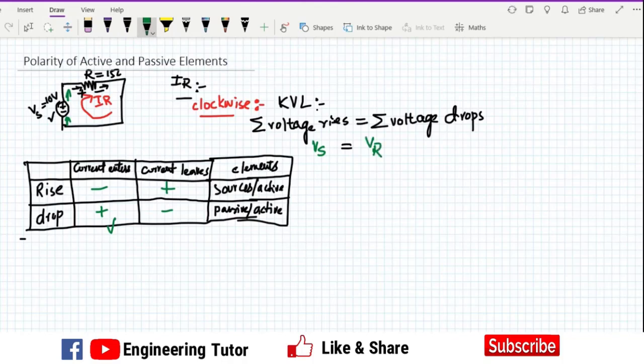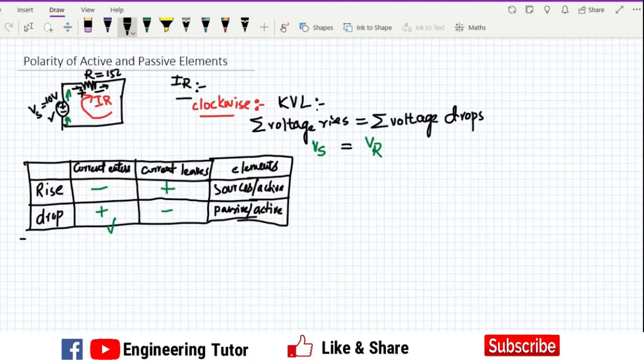Okay, so I think it is clear now how to define the polarities of the passive elements, because for the active elements it is already defined, and here in this scenario the voltage across the active element is a rising voltage.